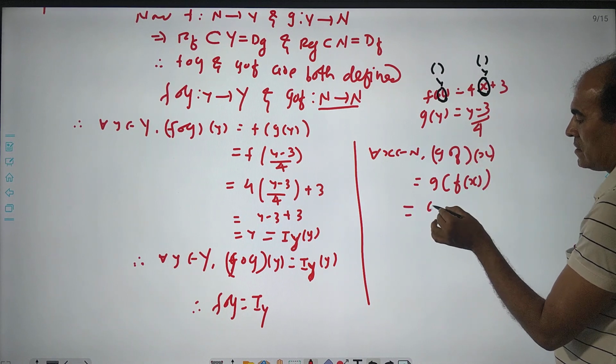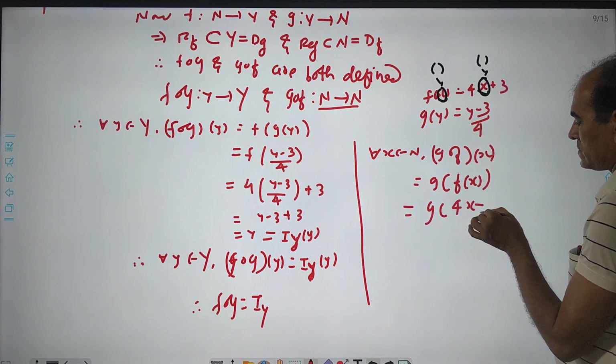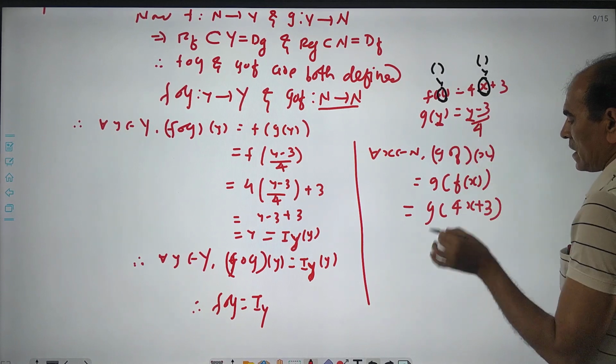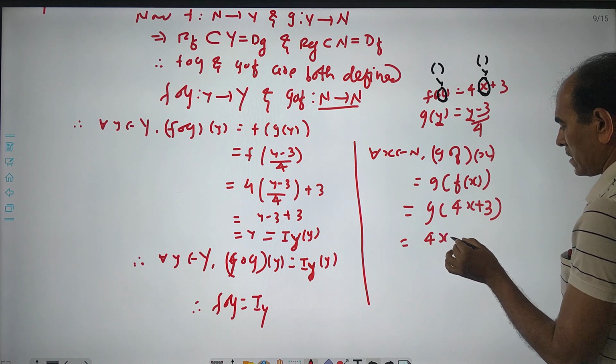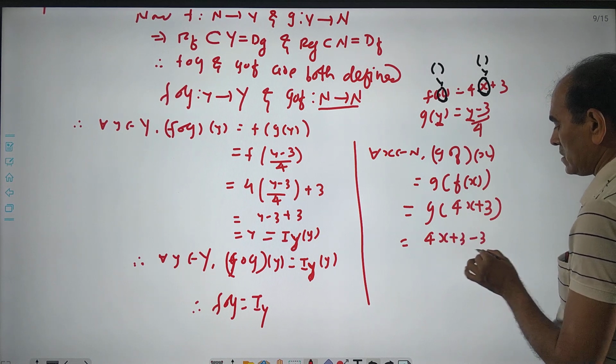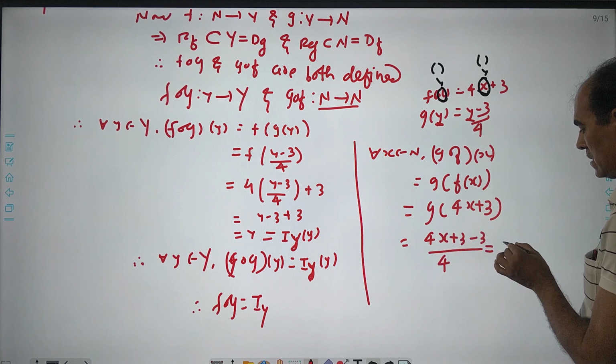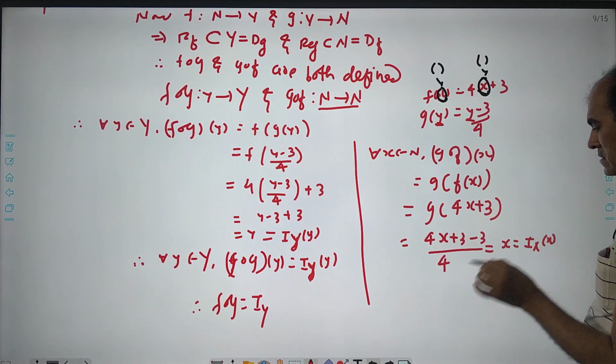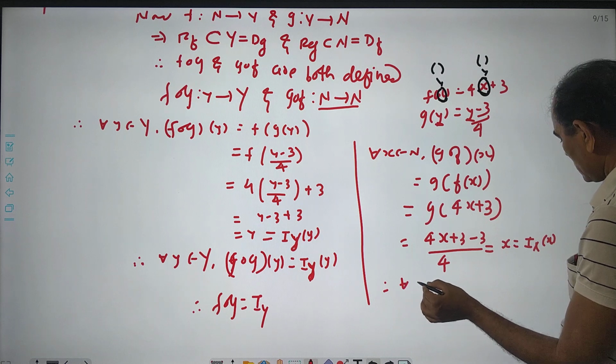What is f of x? 4x plus 3. Now g of y is equal to (y minus 3) by 4. That is equal to (4x plus 3 minus 3) by 4. That is equal to x, that is equal to identity at x. So what we see?